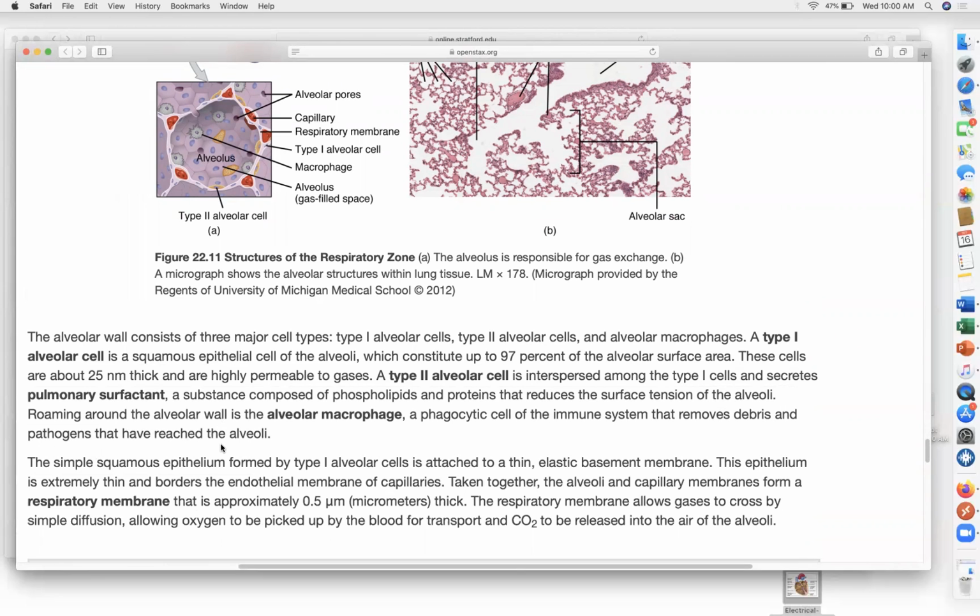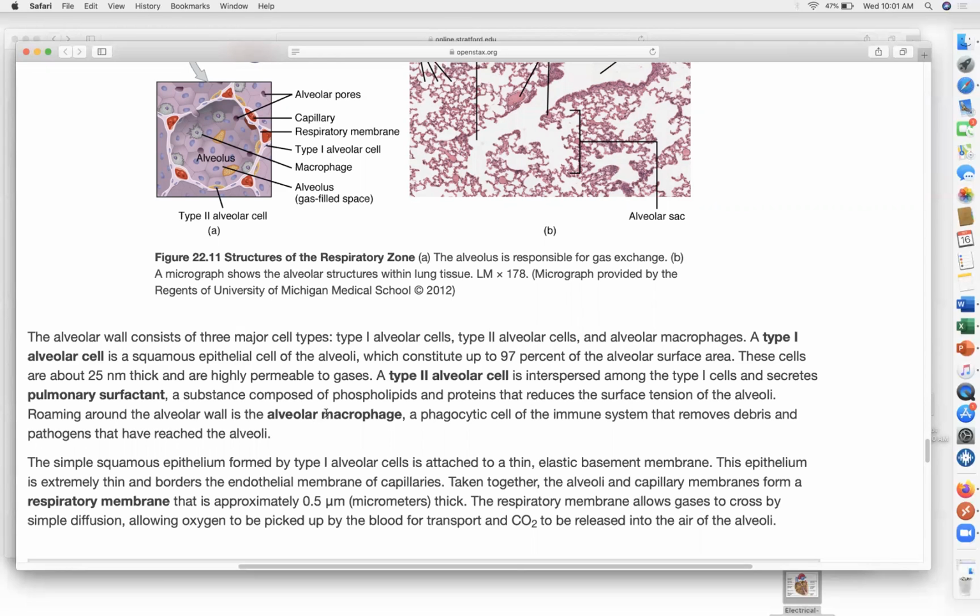Another thing we have in our lungs is surfactant. Surfactant is a chemical that helps us maintain water tension in the alveoli, which helps with gas exchange. It's produced by type 2 alveolar cells, and that makes sense, since it's in the alveoli.